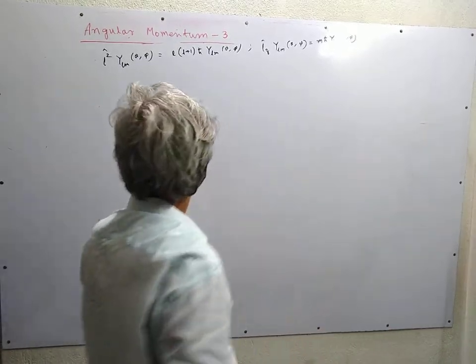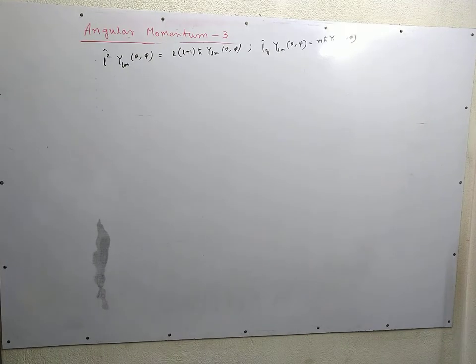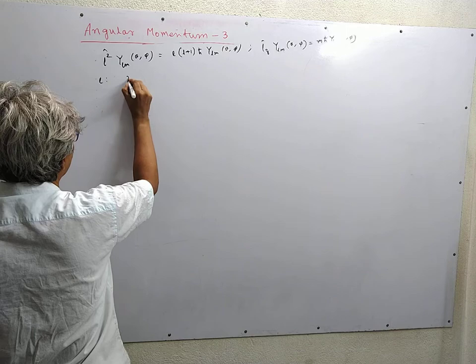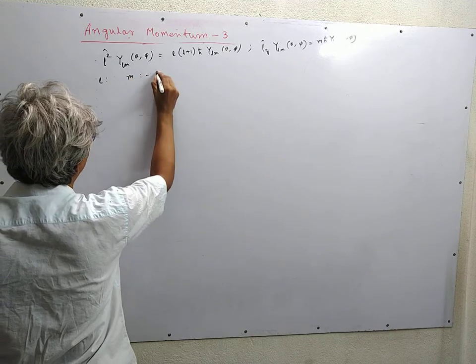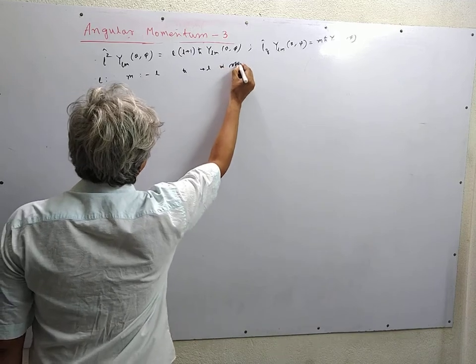These are the two eigenvalue equations. Note that for a given l, m can have values from minus l to plus l in steps of unity.